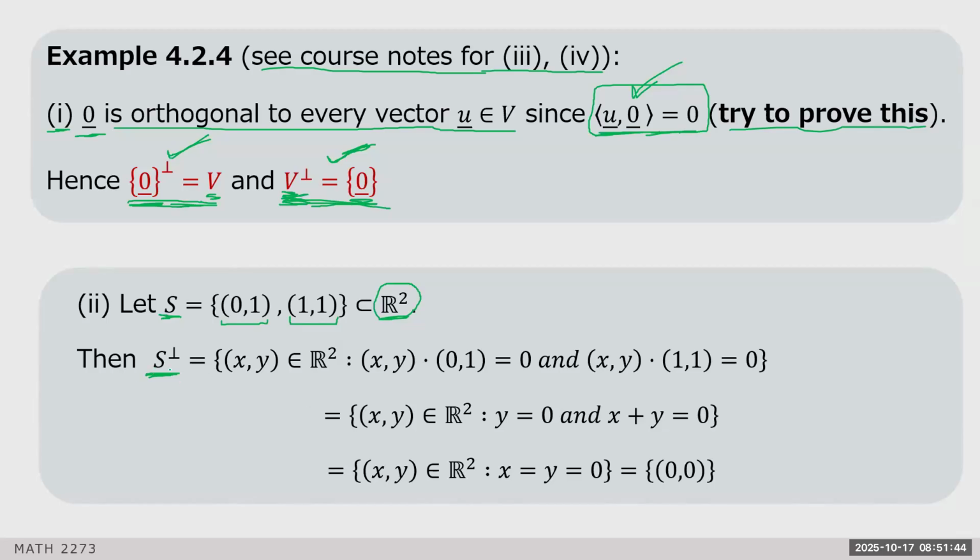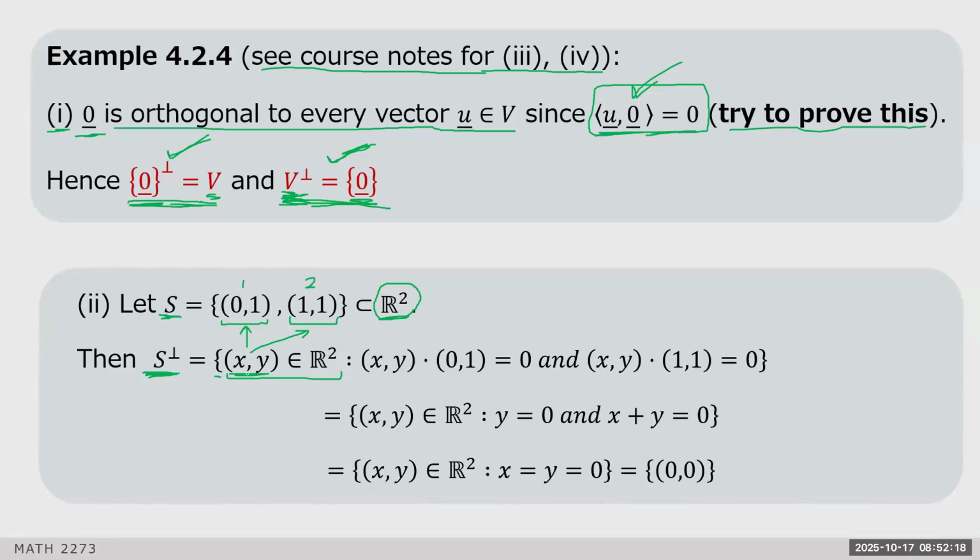Let's just write out the definition. What is the orthogonal complement of S? It's the set of all vectors in R squared, let's call these vectors (x,y), such that these vectors must be perpendicular to (0,1) and perpendicular to (1,1). We are looking for all vectors perpendicular to everything in S. How many vectors are in S? Two.